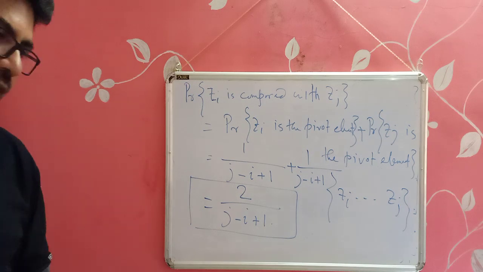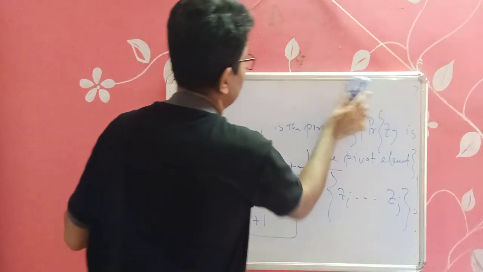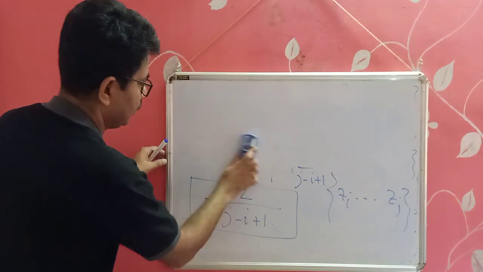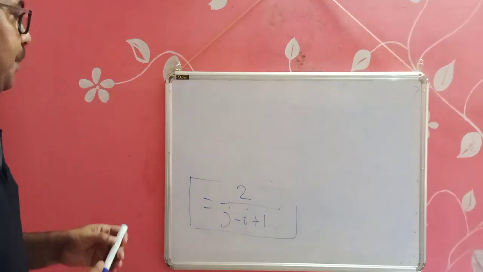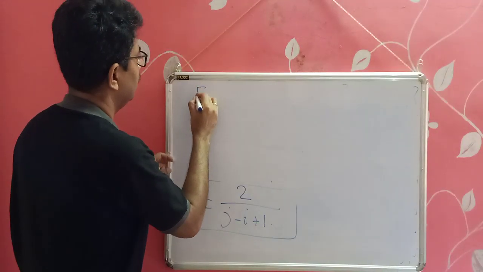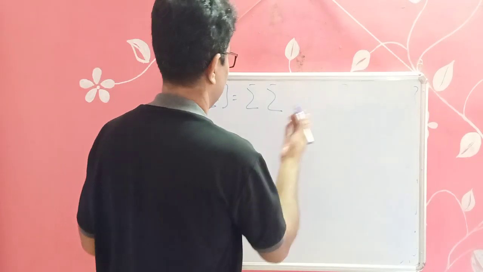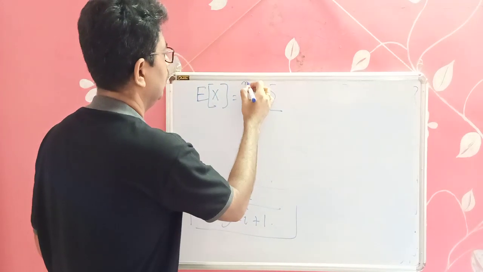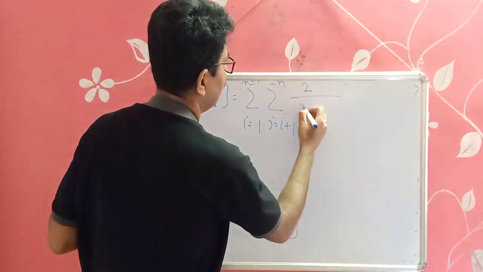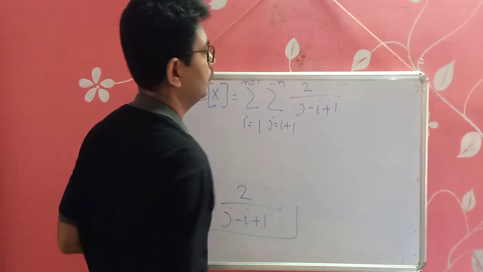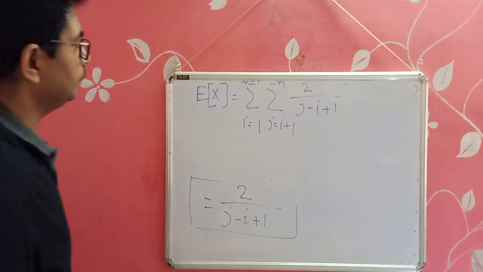Now if we place this value in our expected E of X, we can get the value of X. So we will substitute this value here. What will we get? The expected value of X is equal to the sum for i equals 1 to n minus 1, j equals i plus 1 to n, of 2 by j minus i plus 1.